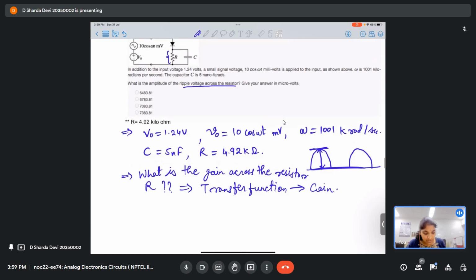So, transfer function method, VR by Vin. This is what we have to find out.